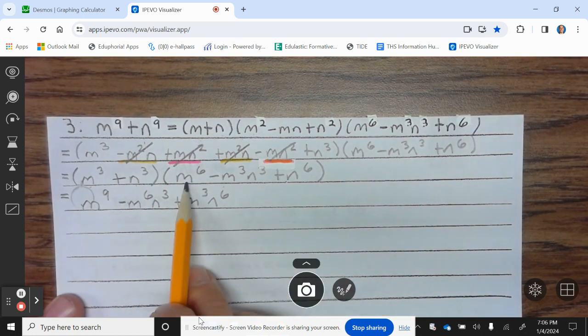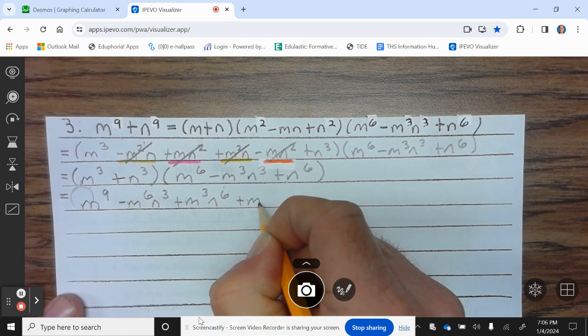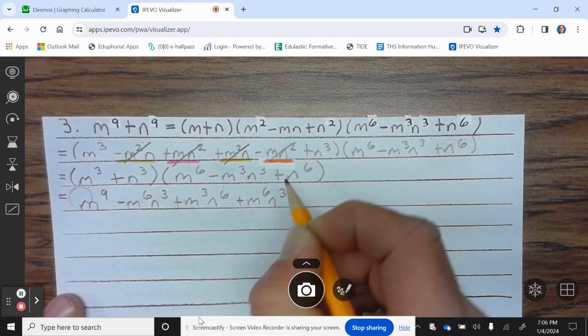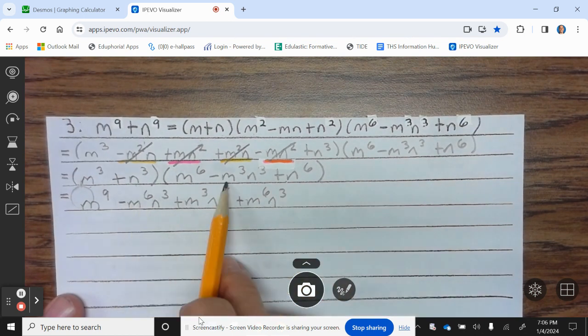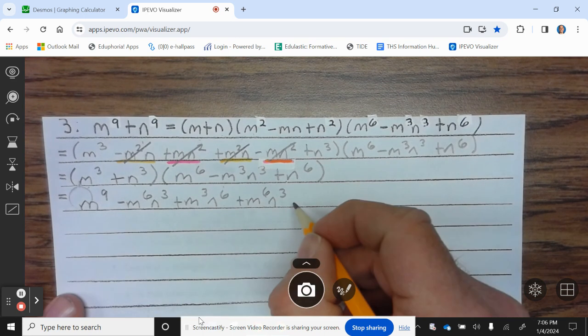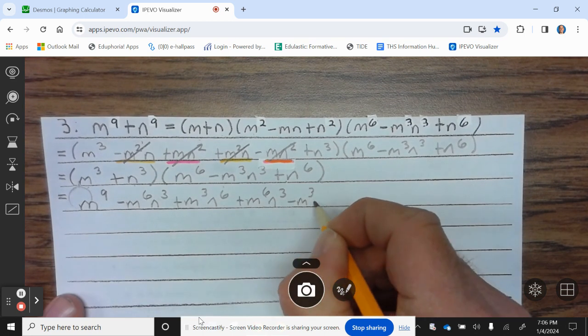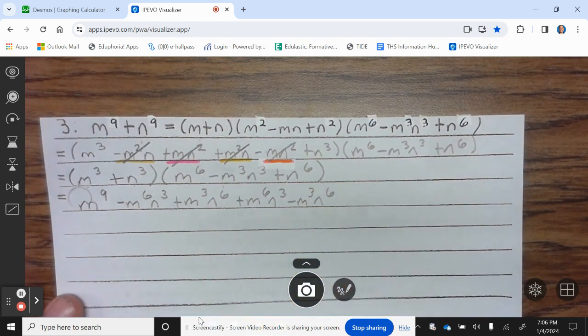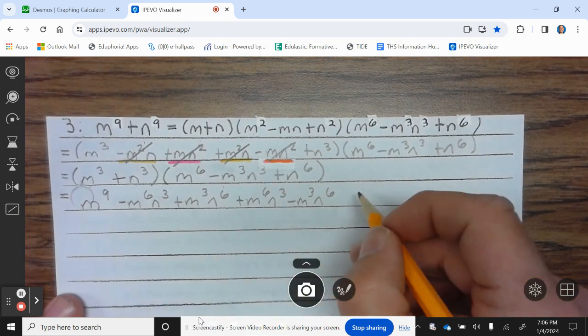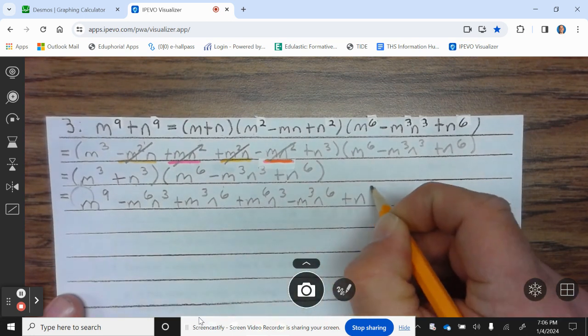N cubed times m to the 6th is plus m to the 6th n cubed. N cubed times negative m cubed is minus m cubed n to the 6th. And then n cubed times n to the 6th is plus n to the 9th.